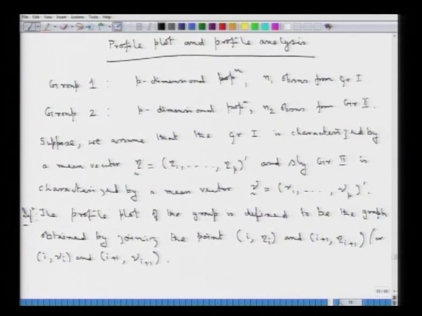The plot is nothing but the following. Here we have the p dimensions, say 1, 2, 3 and so on, in the two populations. Now we just plot the means corresponding to these groups. For group 1, this point is (1, eta 1).